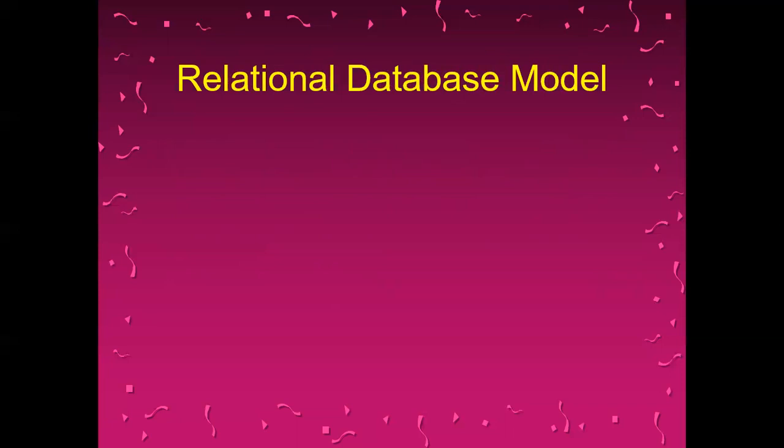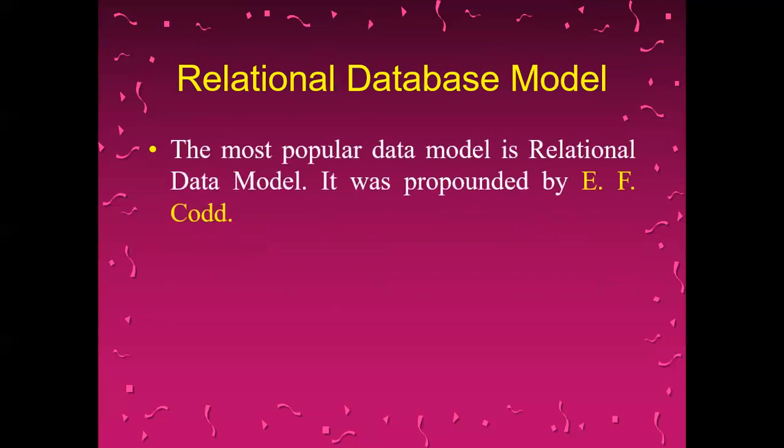Among these, the most popular database model is the relational database model, and it was propounded by E.F. Codd. In the coming sections, we will be discussing the relational database model.